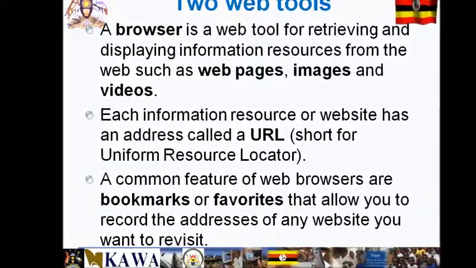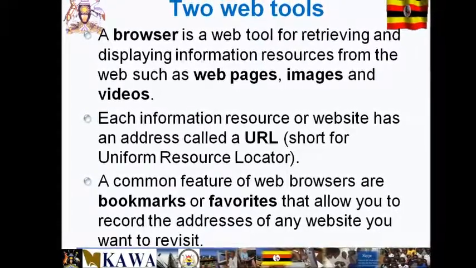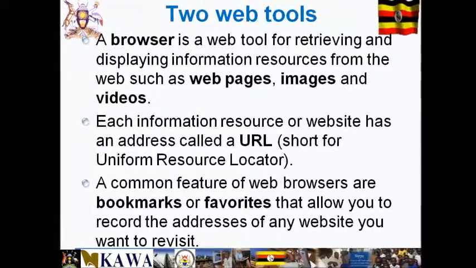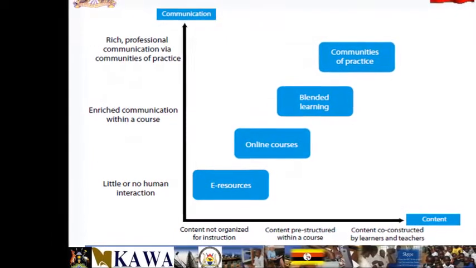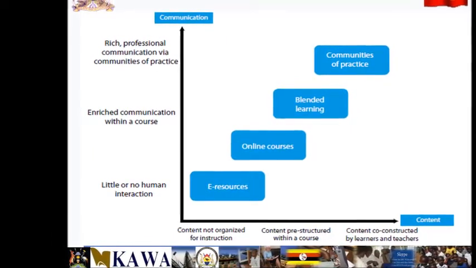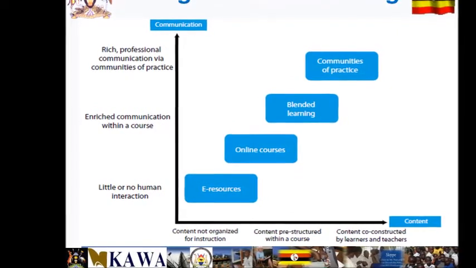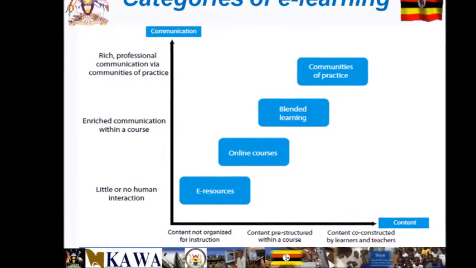This allows you to record addresses of any website which you want to visit. So if you want to go back to that website, you don't have to search again. The bookmark or the address appears in your commonly used platform, so that you don't have to type all those details again.